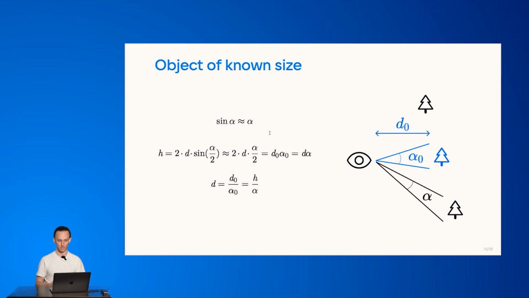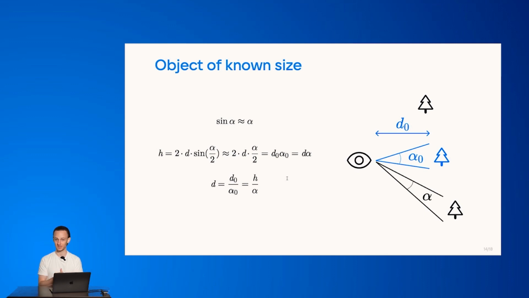So using this approximate model of the sine, well, yeah, it's imprecise, but still it works quite well for rather big distances. We can establish that the height of the object, which is denoted in the slide by h, is almost equal to the distance to the object multiplied by the angle by which we see this object in the frame. This multiplication of distance and angle stays the same for different distances and different angles.